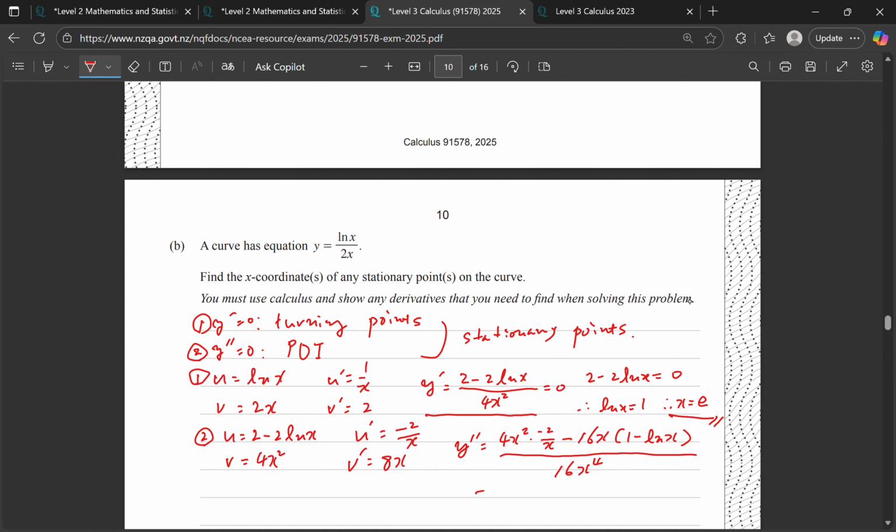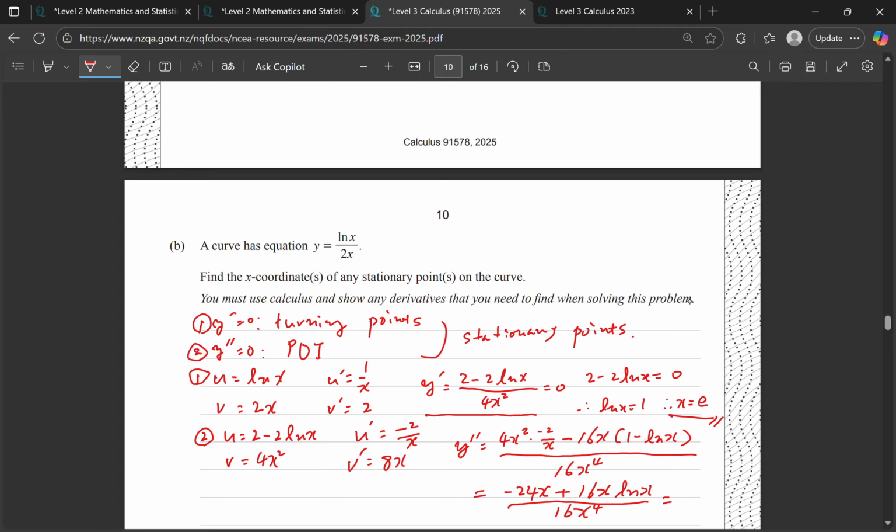So when I simplify this, I get minus 8x minus 16x, which is minus 24x, plus 16x ln x, over 16x to the power of 4.